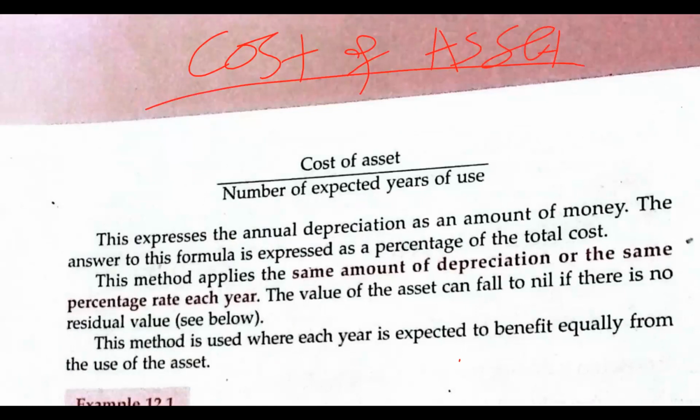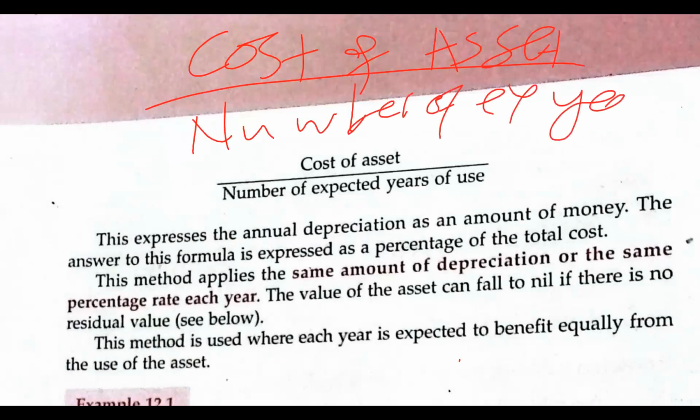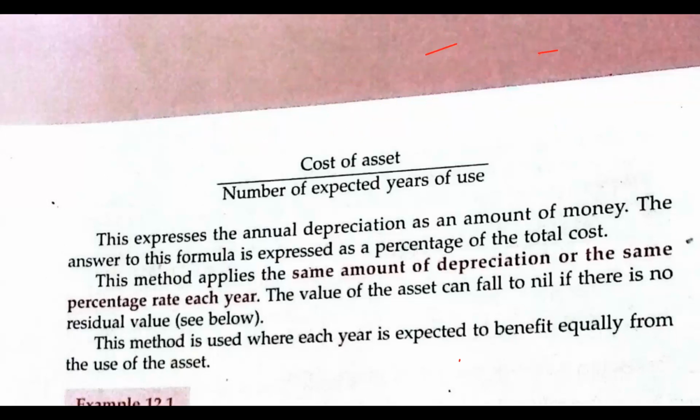So you just divide the cost, that's the cost that you incurred when acquiring the asset. How much did you put in terms of money? And then you divide by the number of expected years of use of that particular asset. That is how you calculate depreciation. That's the first way of doing it.